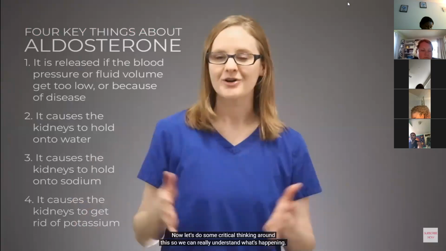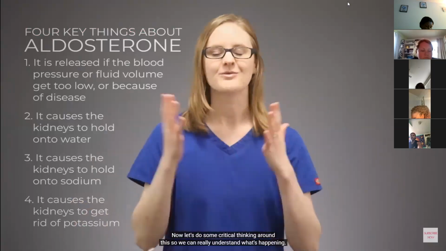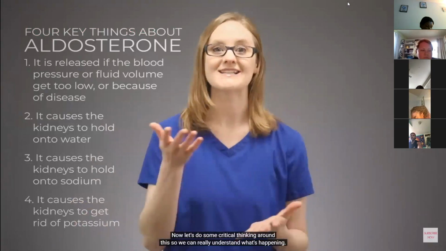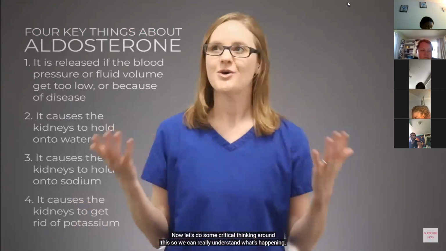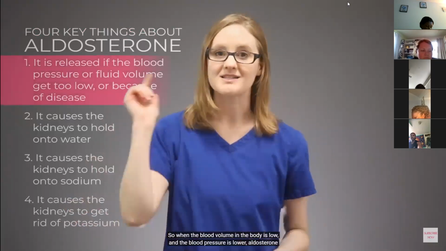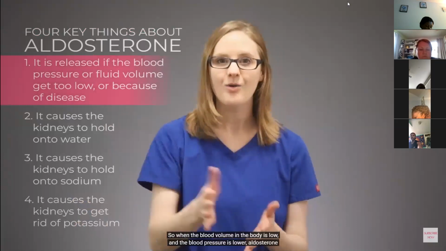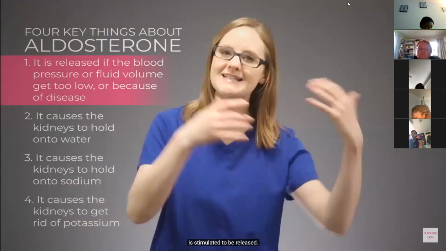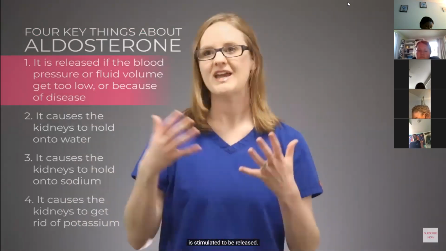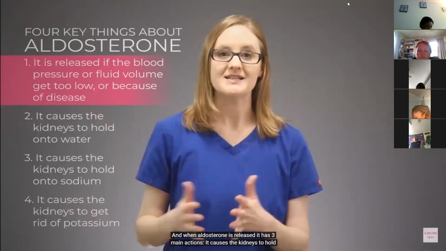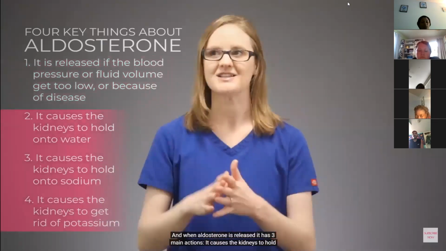Now let's do some critical thinking around this so we can really understand what is happening with aldosterone. So when the blood volume in the body is low and the blood pressure is lower, aldosterone is stimulated to be released. And when aldosterone is released, it has those 3 main actions.